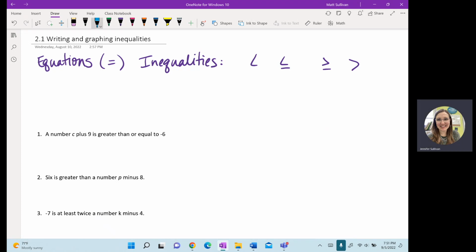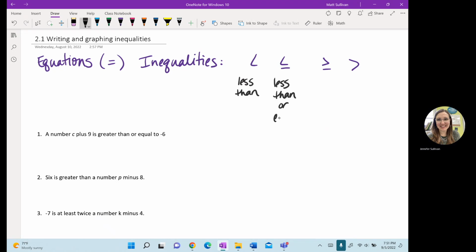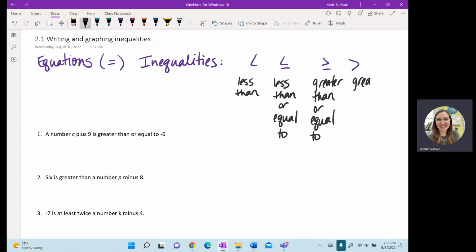We have the less than sign, less than or equal to, greater than or equal to, and then just the greater than sign.